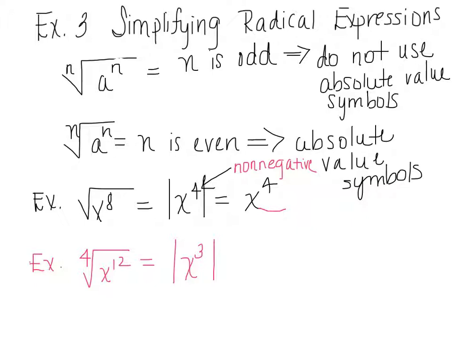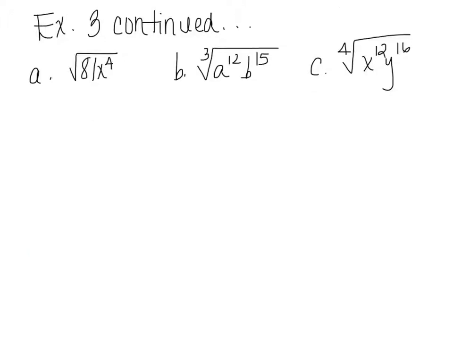Because if x is negative, when we're raising to a third power, it's going to make it negative. So the evens will be non-negative, the odds will not. Alright, so we'll simplify these.